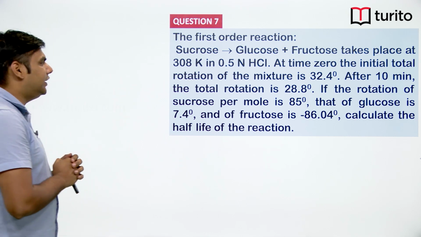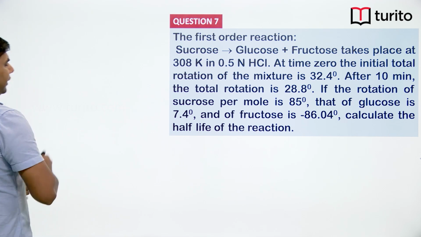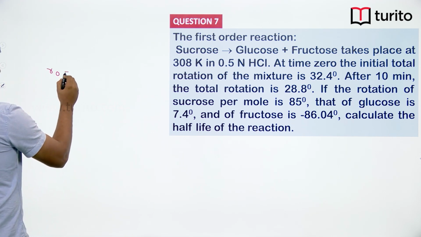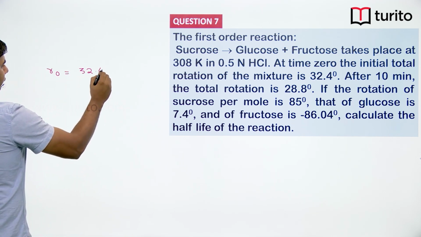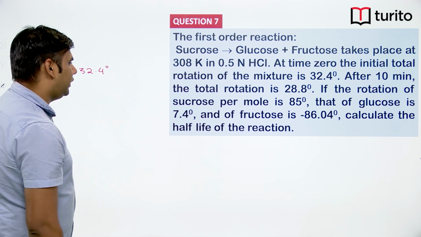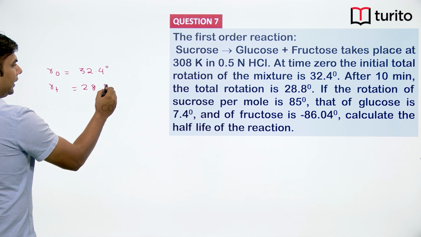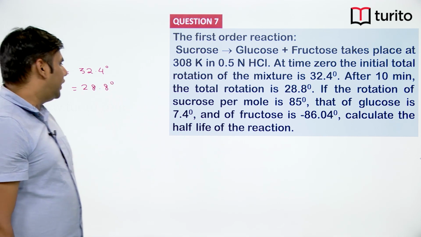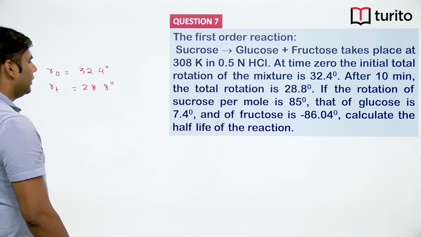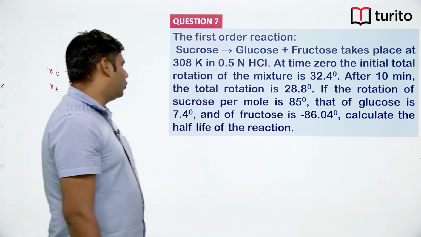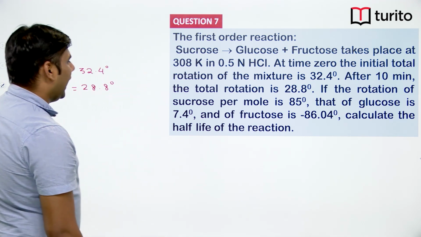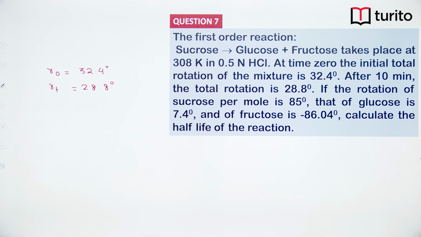At time 0 the initial rotation of the mixture is 32.4, so R naught is 32.4 degree. After 10 minutes the total rotation Rt is 28.8 degree. If the rotation of sucrose per mole is 85 degree, that of glucose is 7.4 and fructose is minus 86.04, calculate the half life period.